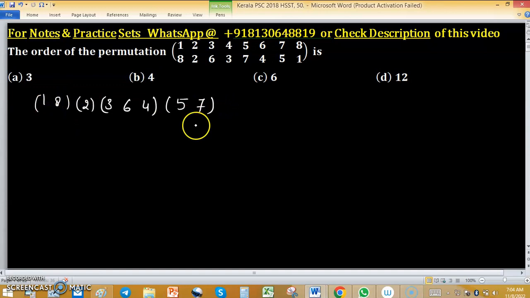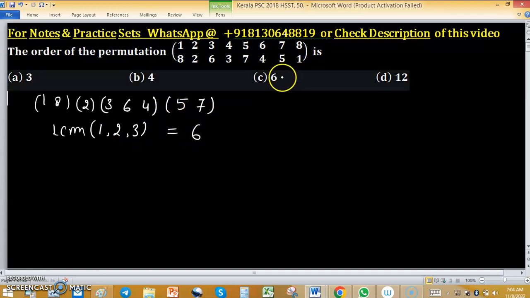All symbols have been used. So the order of this permutation is the LCM of the lengths of the disjoint cycles. The lengths are 1, 2, 3. So the LCM of these three numbers is 6. That's why option C is correct.